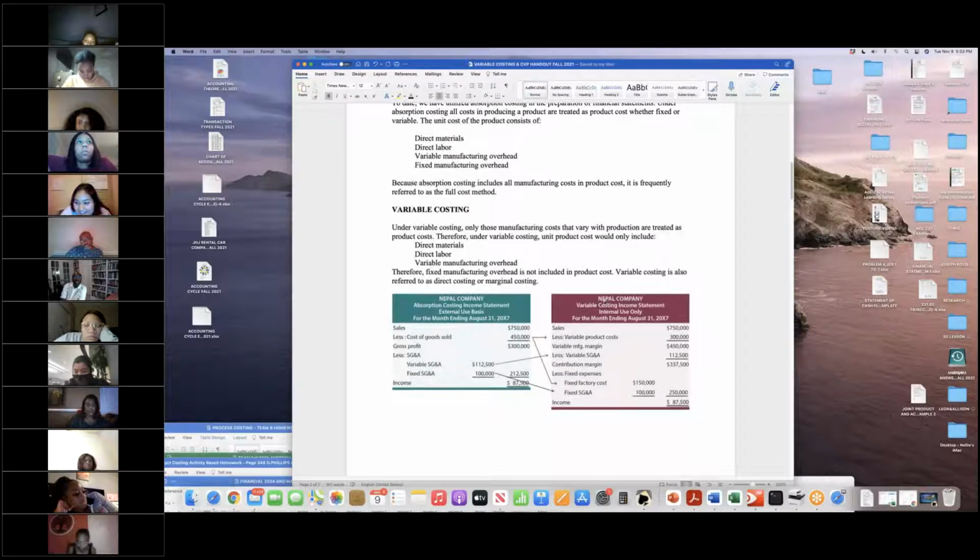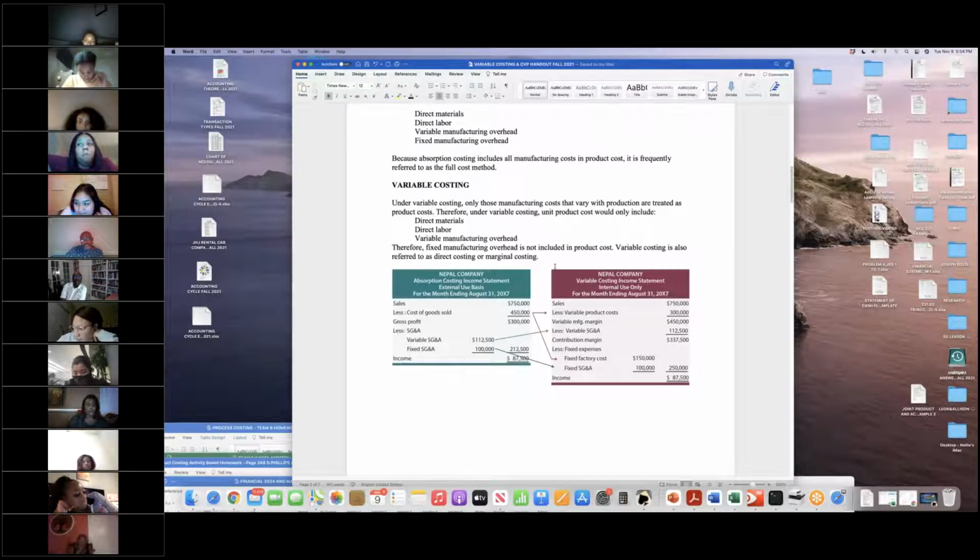Let's just try to get a simple one. Hopefully you can see this. Can everybody see this variable cost part here, just this red one? Well, the bottom line is this: sales less variable product cost, less variable selling expenses gives us a contribution margin.